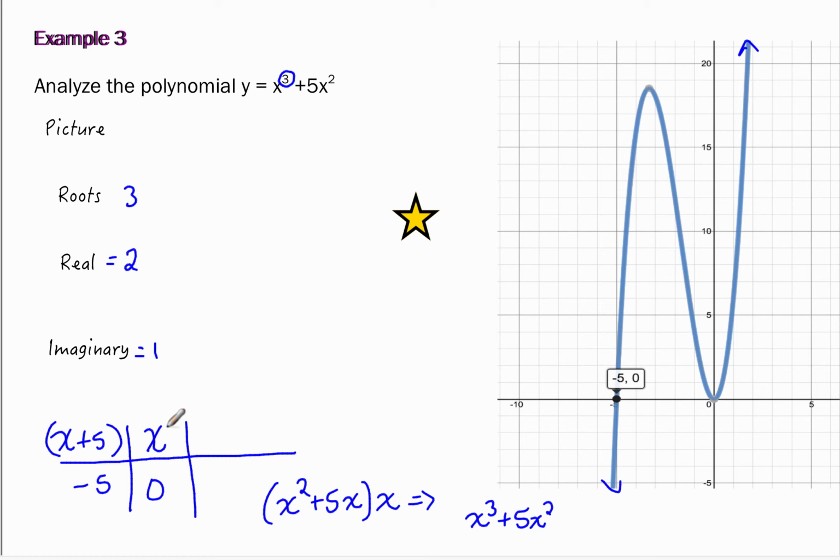So 0 was really a double root. So guess what? In this equation right here, there were no imaginaries. We had to analyze it further to see that there were 3 real roots and no imaginary roots.